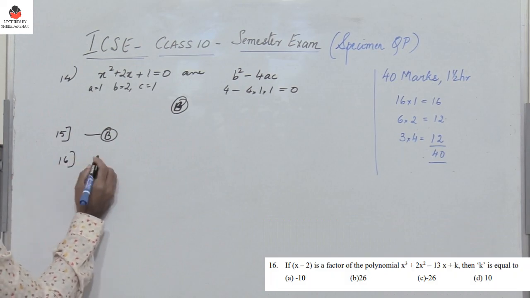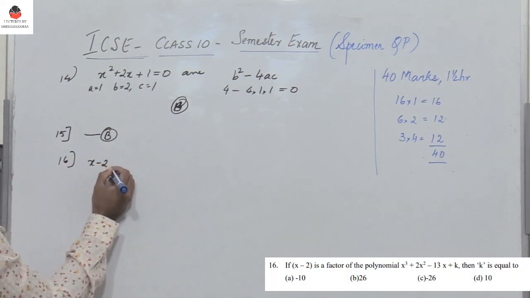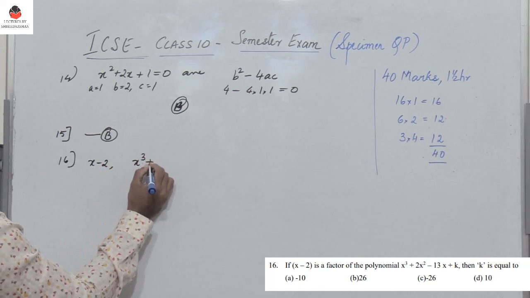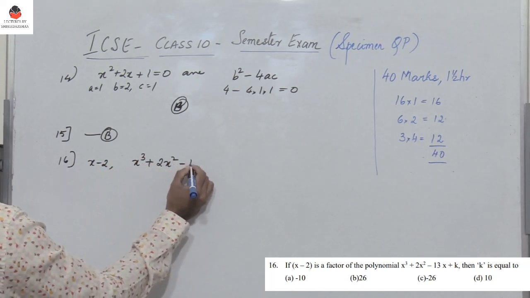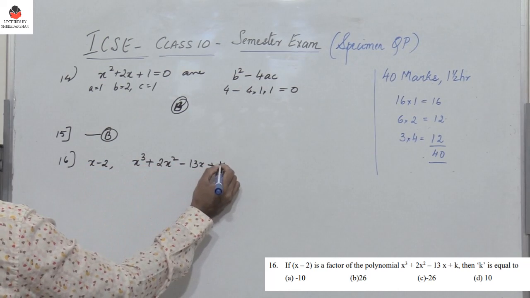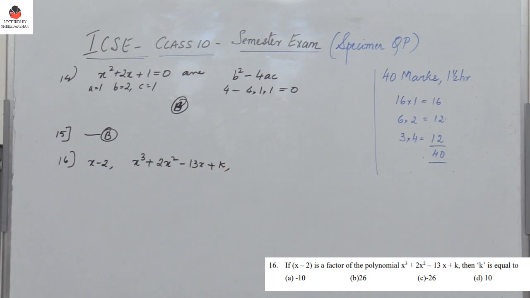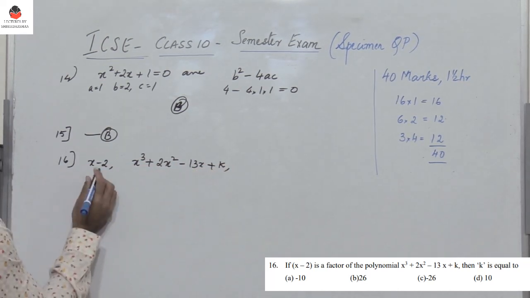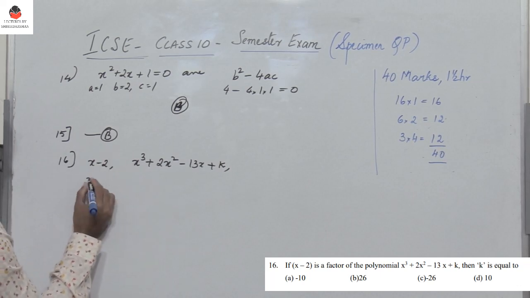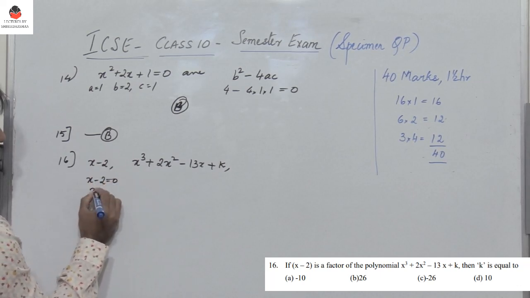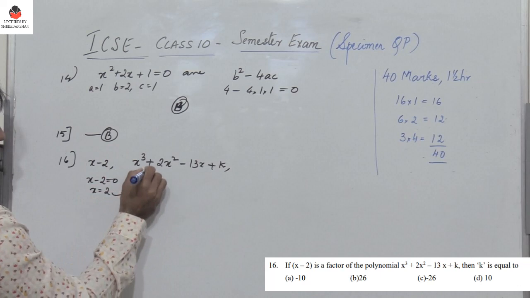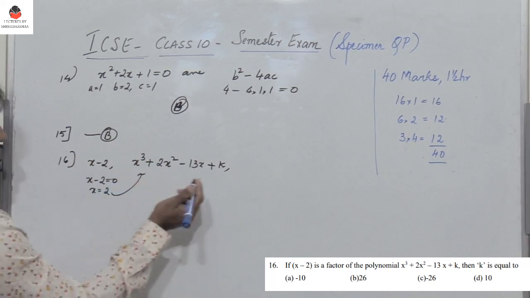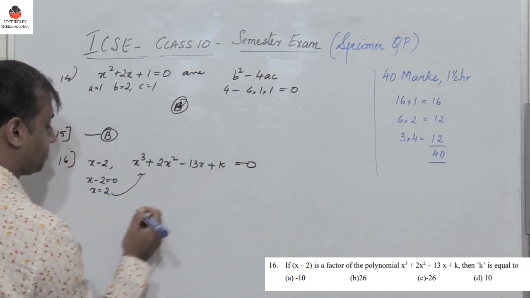16th one, x minus 2 is a factor of the polynomial x cube plus 2x square minus 13x plus k. Then the value of k equals. Now observe, x minus 2 is a factor. So if x minus 2 is equal to 0, x is equal to 2. Put x equal to 2 in this equation and equate the polynomial to 0.